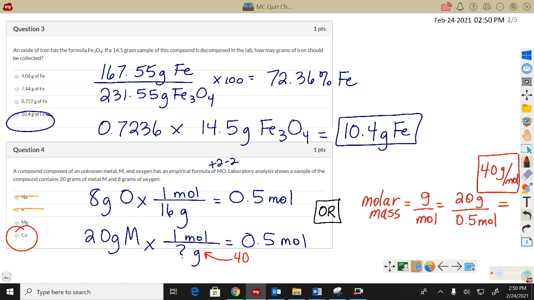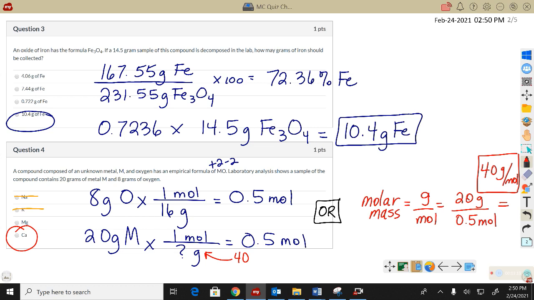So if I find the percent iron by mass in this Fe3O4 compound, I can start by just using the periodic table. So there's 3 total iron. So 3 times iron is about 167.55 grams, divided by the mass of the whole thing, which is about 231.55 grams, times 100, gives me about 72% iron by mass.